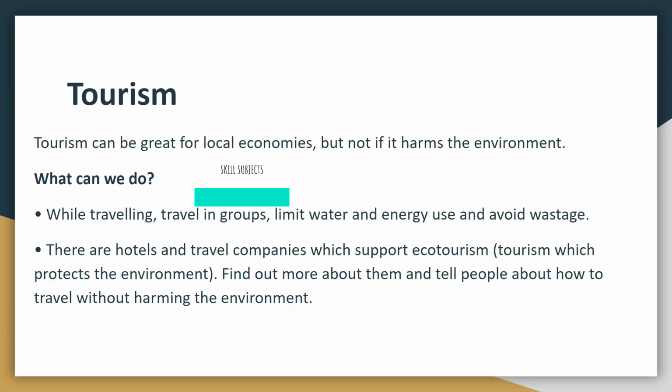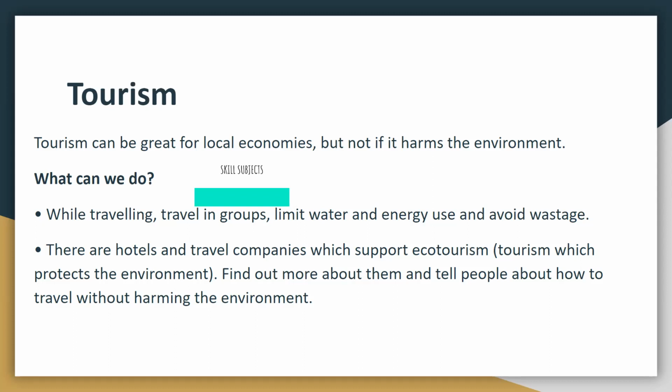Tourism. As the economy grows, as the country grows, tourism also grows, and tourism would also help your economy grow. So tourism can be great for local economies, but not if it harms the environment. So you have to take care that when you are trying to convert your country or your place into a tourist place, it should encourage people to visit but should also take care of not harming the environment there.